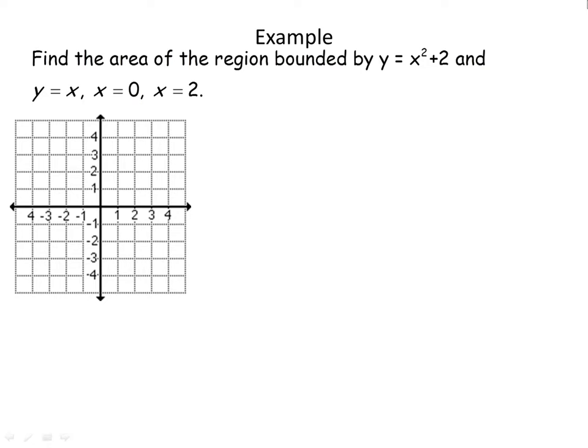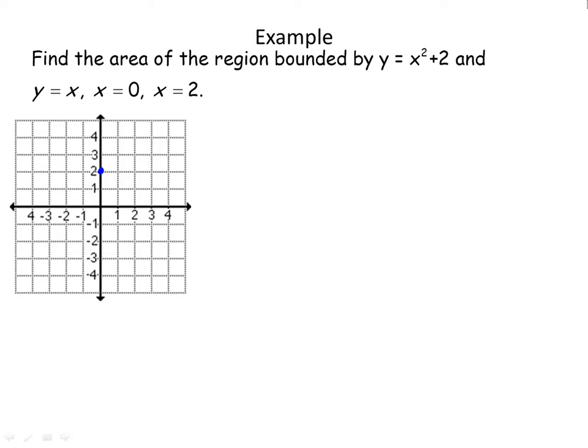Let's graph this. You know that y equals x squared plus 2. If you do not know how to graph these, you can always fall back on a t-chart. Y equals x squared plus 2 is going to be a parabola, and that parabola is going to be shifted up 2. So it's going to have a vertex there.